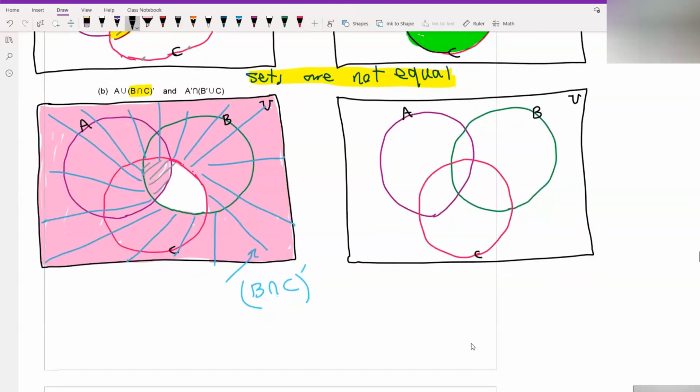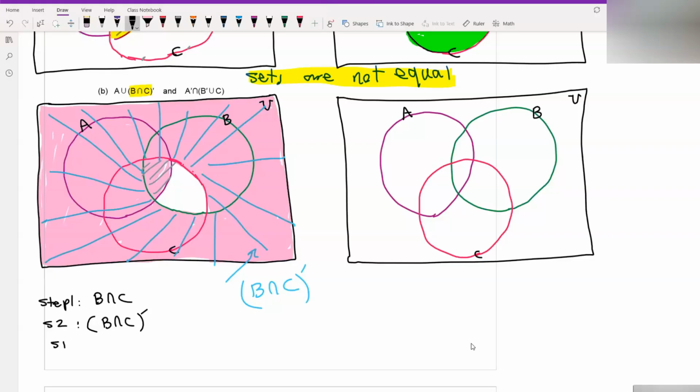All right, what I did, steps. So step one, first, I try to find B intersection C. Step two, finding B intersection C, going upward.